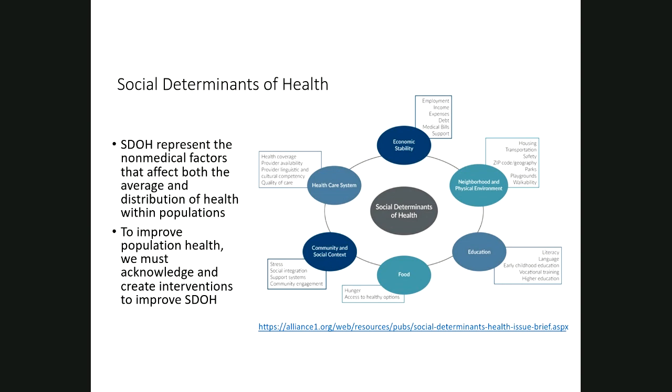Those factors include food, community and social support, the healthcare system itself, economic stability, our patient's neighborhood and physical environment. Is it even safe to be able to come outside their home to even make it to their doctor's appointment? And then also their education, their health literacy. By addressing the factors within the social determinants of health, we are working to reduce overall health disparities within populations.